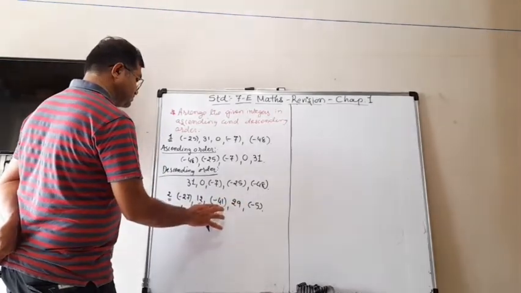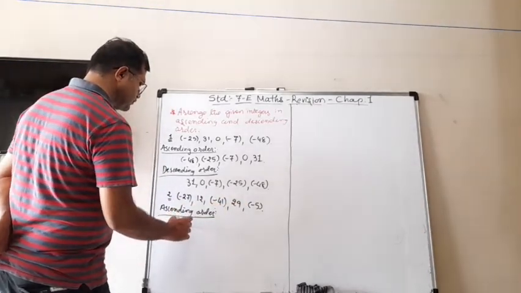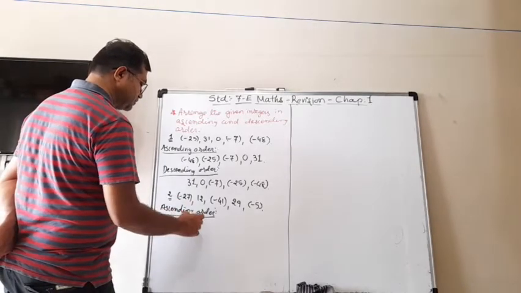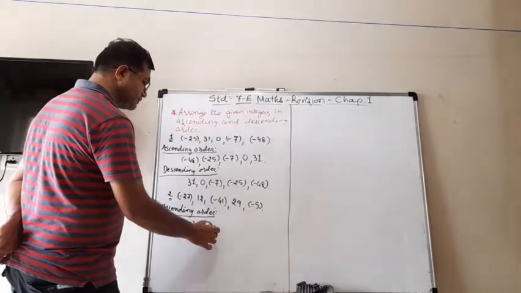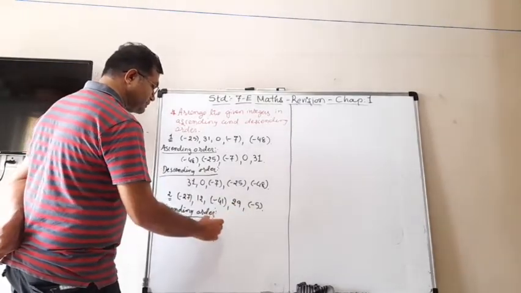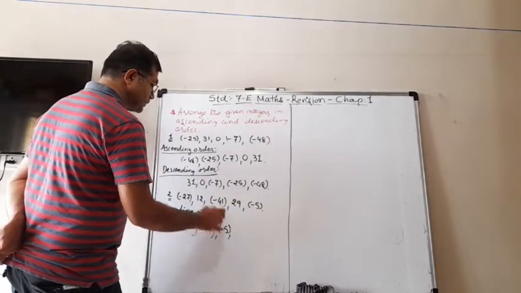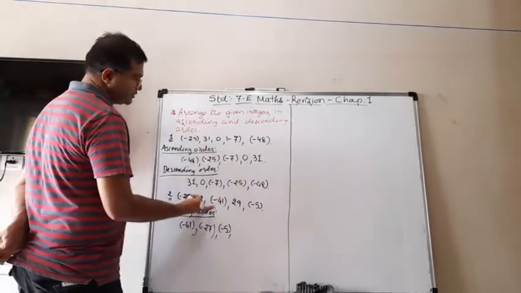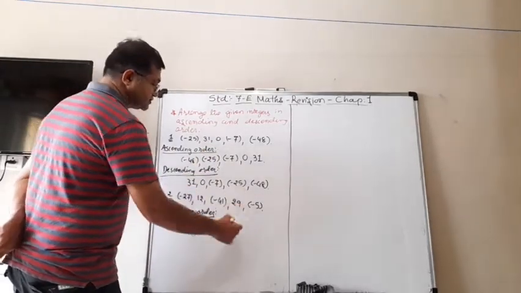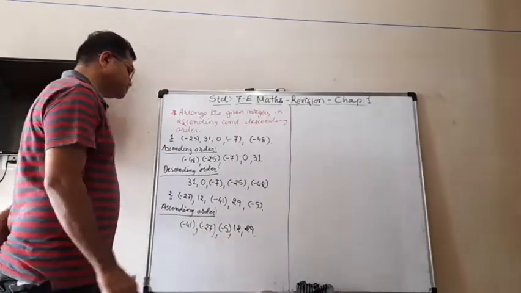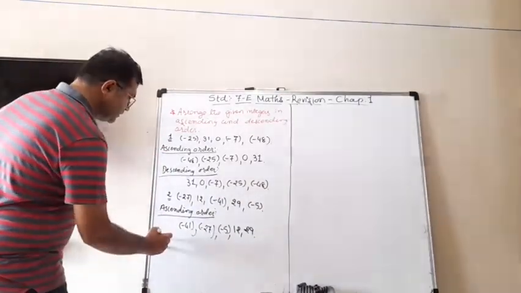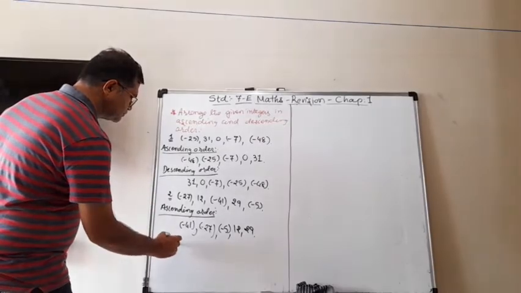The smallest is the one that looks biggest, which means minus 41, then minus 27, then minus 5. Now for the remaining positive integers, we know that smaller is smaller, greater is greater. So 12 and then at last 29.